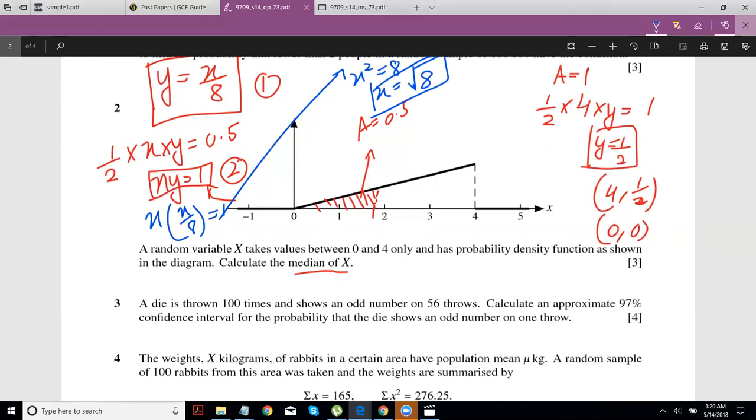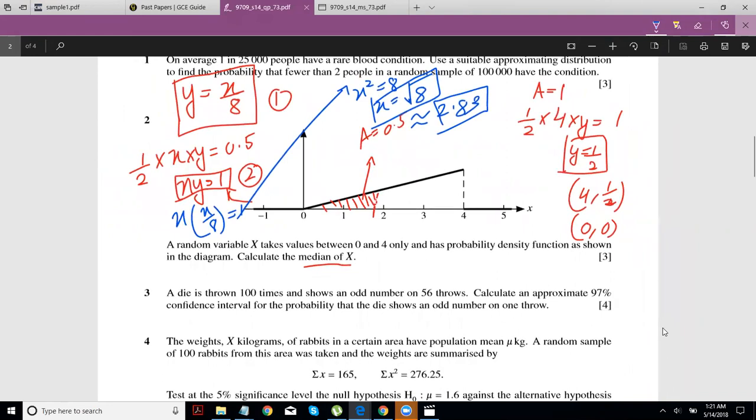It would just simply be root 8. Obviously, just pop that into your calculator and quote your answer to 3 significant figures. This works out to be 2.83.